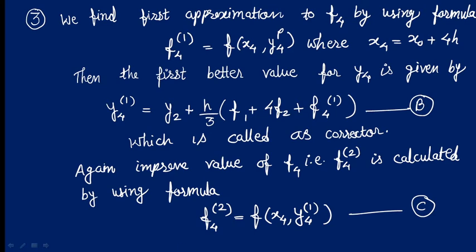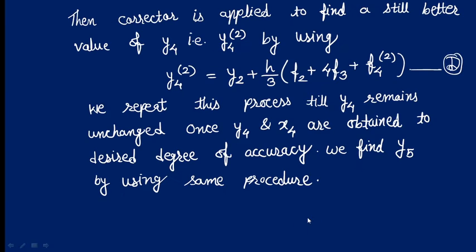Now for a better result we find out f4 of 2. Here we substitute y4 of 1 instead of the predictor value and find out the y4 of 2 value. Similarly, if these two values are equal, or the difference between y4 of 1 and y4 of 2 is less than 0.0005, then we stop the iteration.